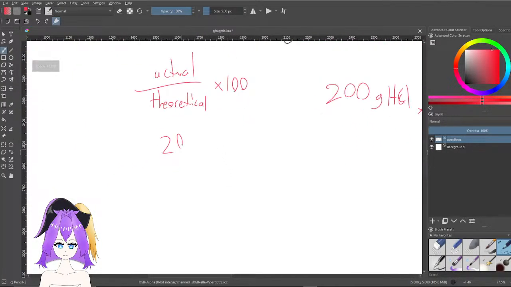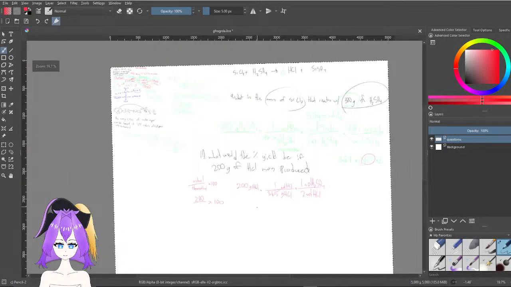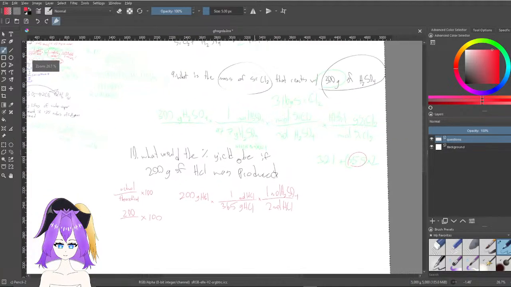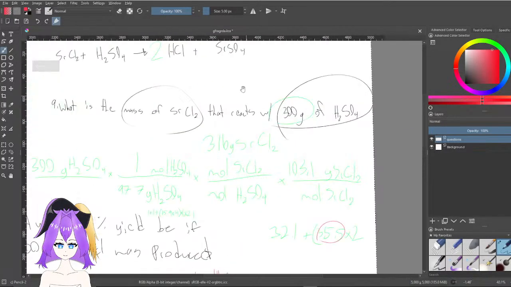So our actual is like 200. But what would a theoretical hydrogen chloride be? Wait a second. Am I supposed to... Okay, so one of two things.